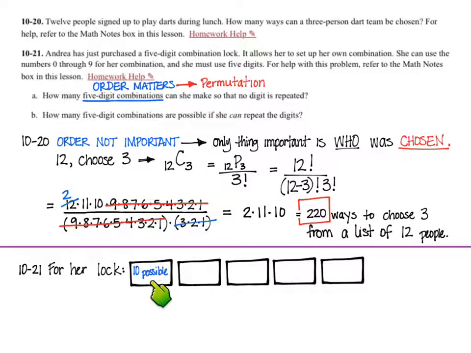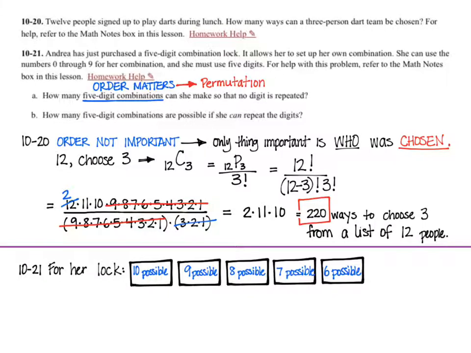So whatever you picked for this slot, you've now got 1 less, so you've only got 9 possible digits. We don't know which digit was picked, just know that there's only 9 left to pick from. And the next slot, now there's only 8 digits we can use. And the next slot, there's only going to be 7 digits. And the last spot, there's only 6 possible.